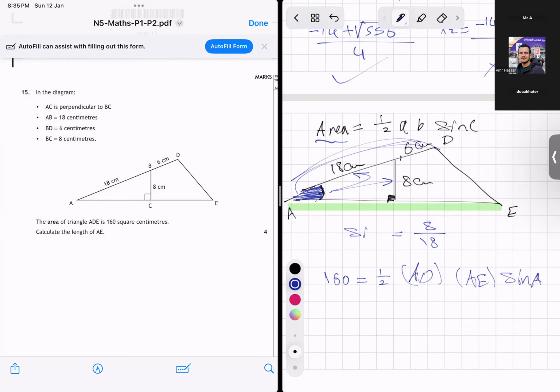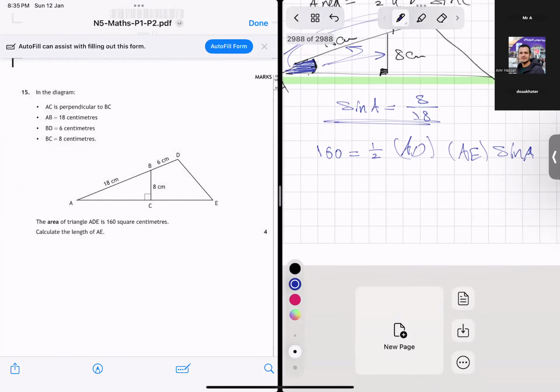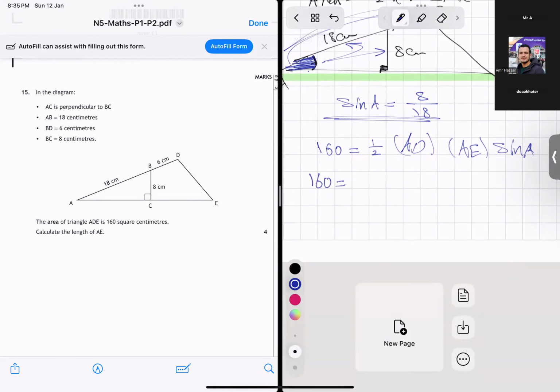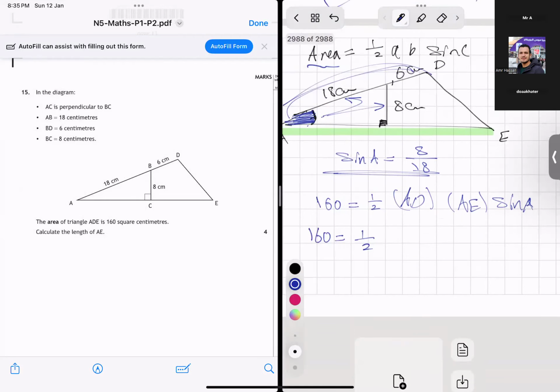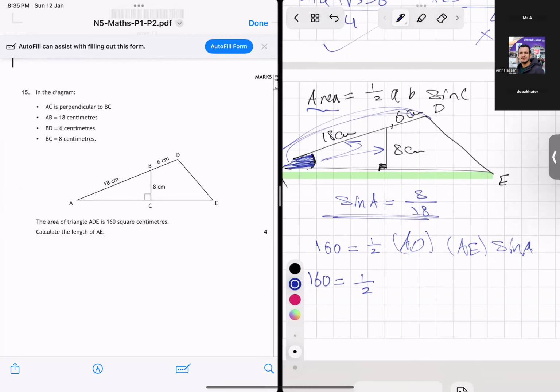Yeah. And sine A, we got it already, 8 over 18. So this is going to be 160, which equals half multiplied by 80. What does 80 stand for? 80 is going to be the sum of them. It's x plus 18, so this one is going to be 24 multiplied by AE. I don't know what AE stands for, so let me write it down. Sine A, what is sine A?